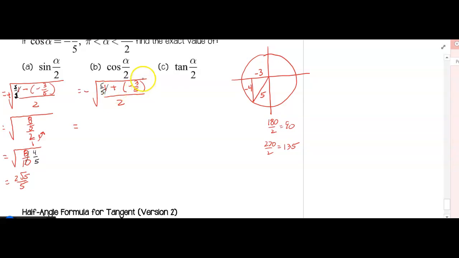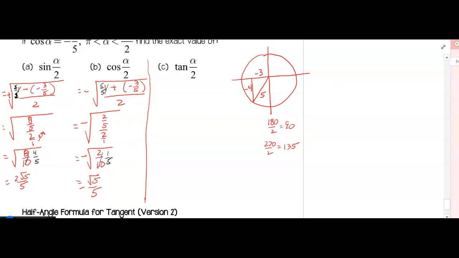So 5 minus 3 is 2, so that's the square root of 2/5 over 2. That's really a 2 over 1. So that's the square root of 2/10, which reduces to 1/5. And if we rationalize that, it becomes the square root of 5 over 5. Again, that's going to be negative because it's in the second quadrant.